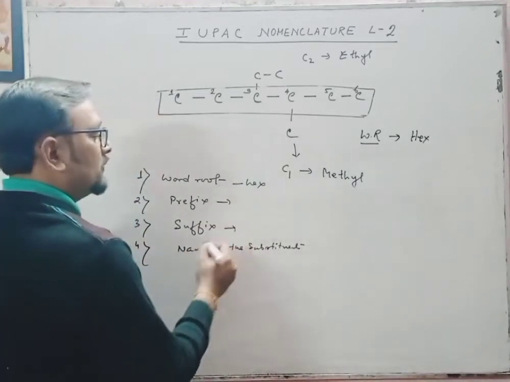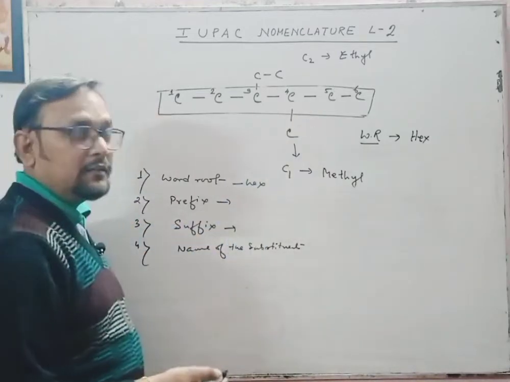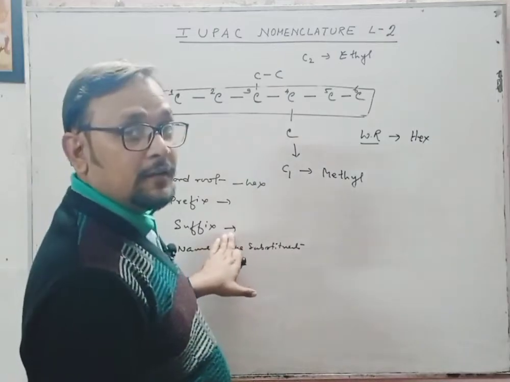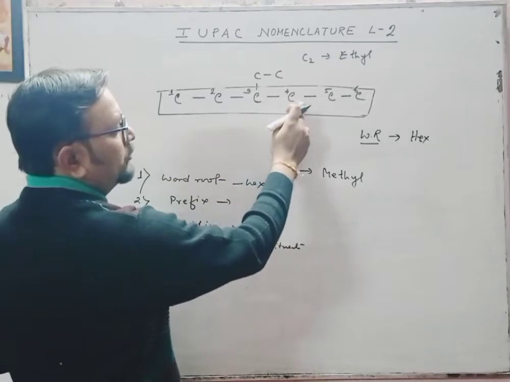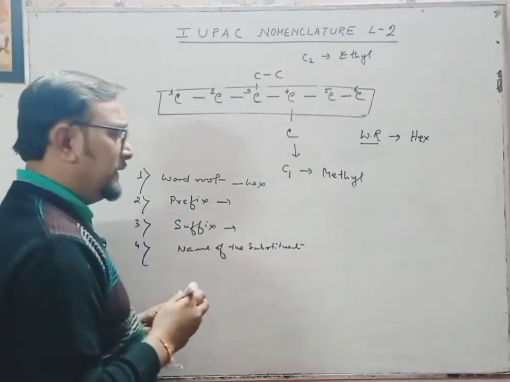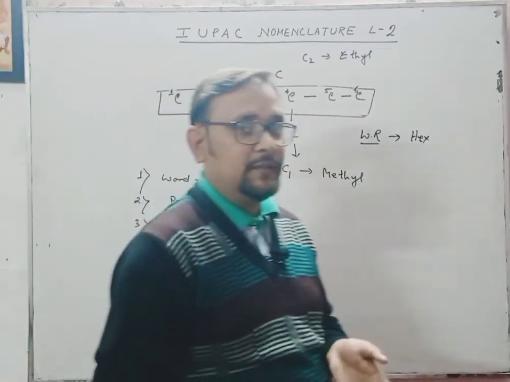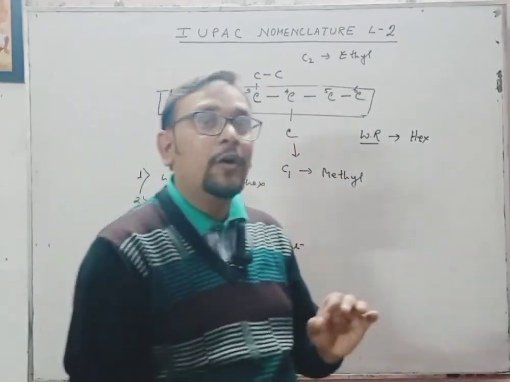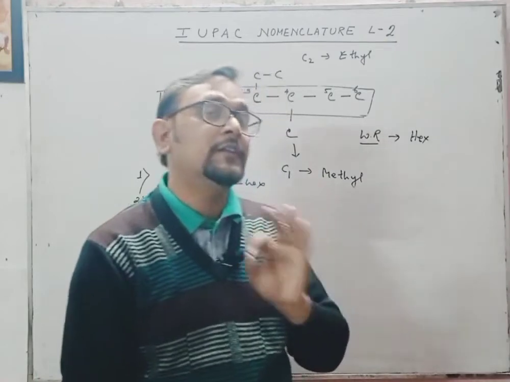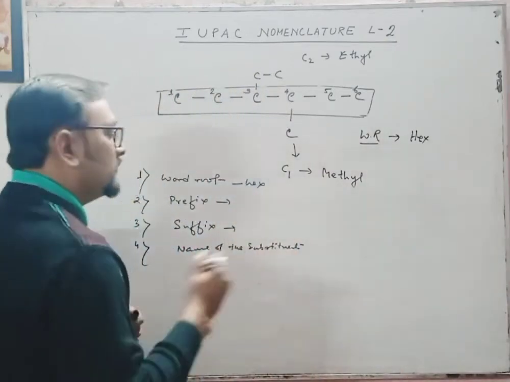Okay, suffix also. What is the suffix here? Meth, eth, prop, but, pent, hex. Now, in the longest chain, how to determine the suffix? In the longest chain, you see whether there is any double bond or triple bond or any functional group. So you need to check this thing.